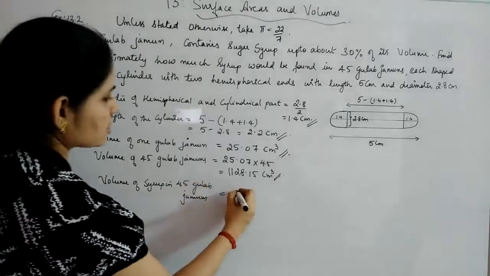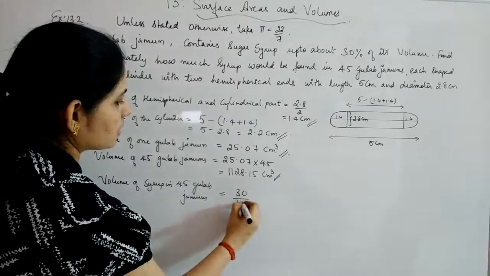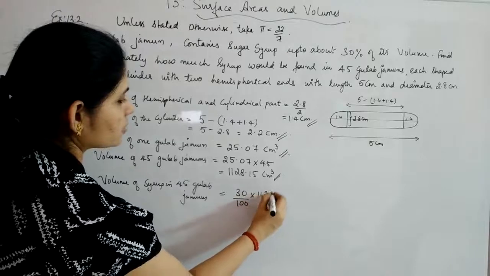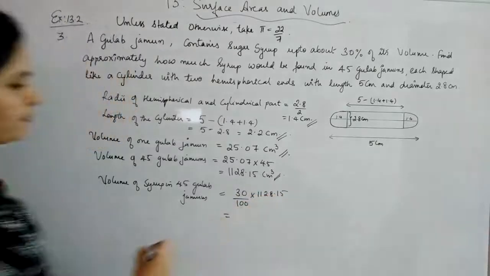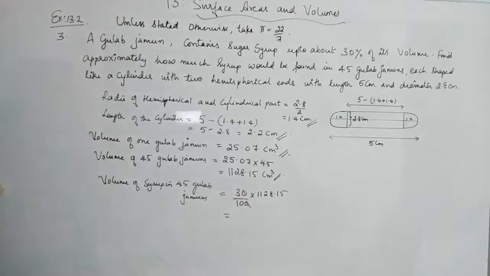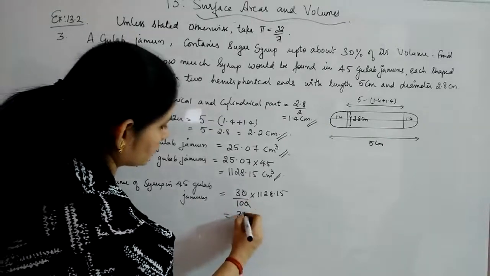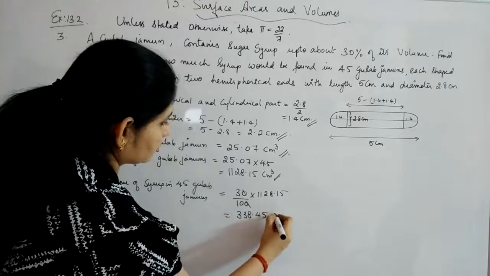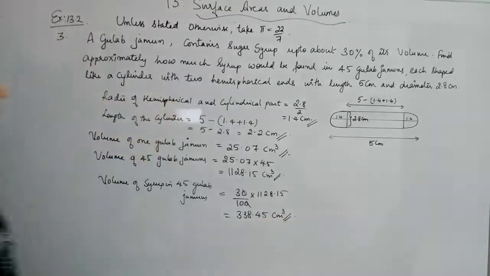So you will get 30%, that is 30 divided by 100, into 1128.15. So you are getting 0.3 into 1128.15, which will give you 338.45 centimeters cube. So the amount of sugar syrup contained in 45 gulab jamuns is 338.5, or you can approximately say that 338 centimeter cube.